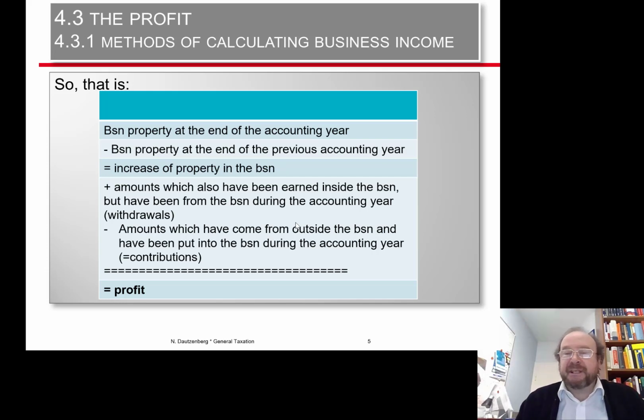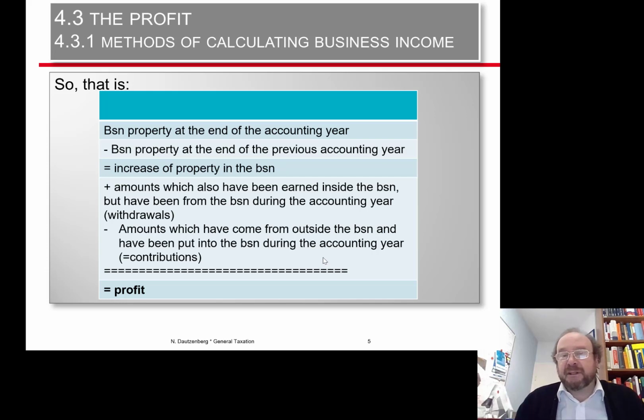So business property at the end of this accounting year minus business property at the end of previous accounting year, corrected by amounts which you have earned inside the business but have taken out from the business in between. These are withdrawals, and amounts which you have put into the business, so which were not generated in the business, not a part of the profit, but came from outside.